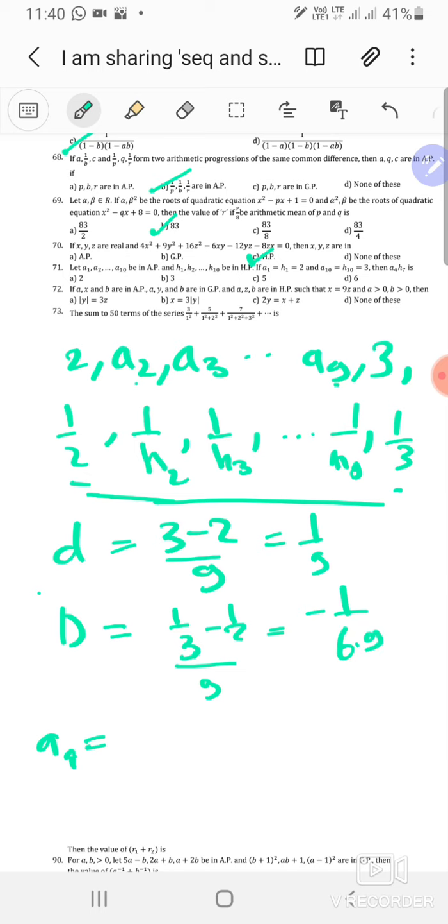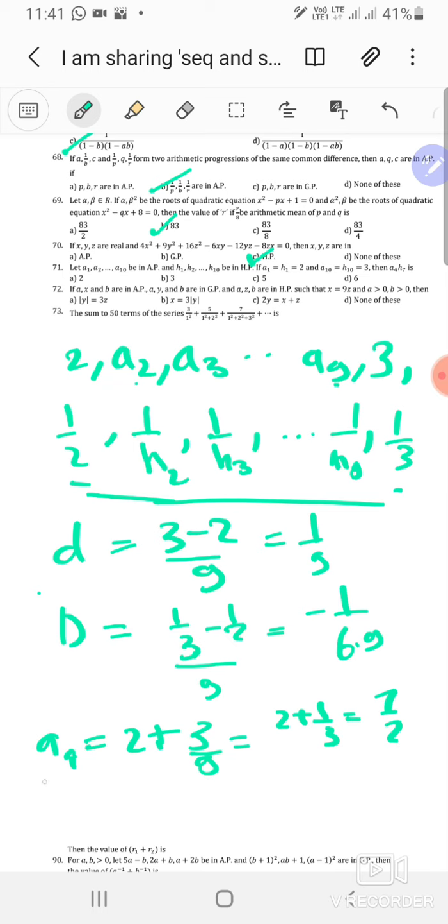Fine. So A4 will be equal to 2 plus, wait, what? A4 will be equal to, you got 2, 3, 4, so the jump is of 3, so 3 times the difference, which is 3 upon 9, so that has to be 2 plus 1 upon 3, which is nothing but 7 upon 3.